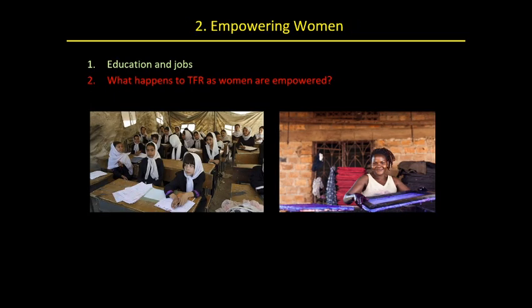They have fewer children. They space their children out more, and the children have better lives because the family, the mother especially, has more resources for that child. Some women choose to not have children. There are all these different reasons that when women are empowered through education and integration into the economy, it's good for the overall economy, it's good for those women, and it's good for calming down birth rates.